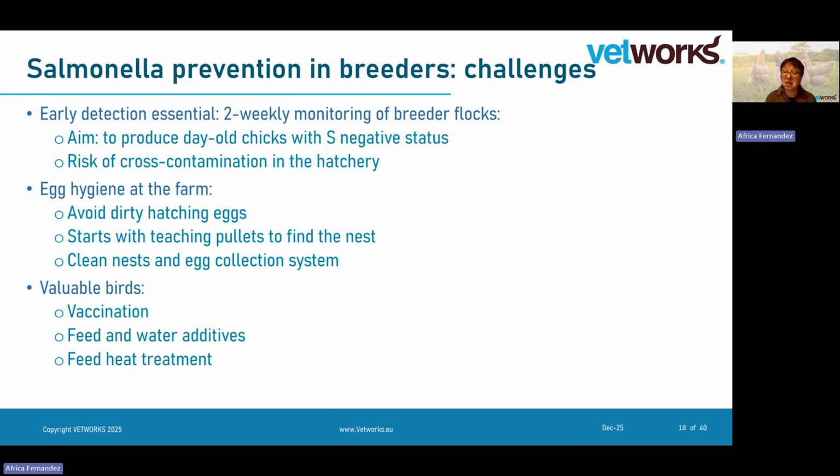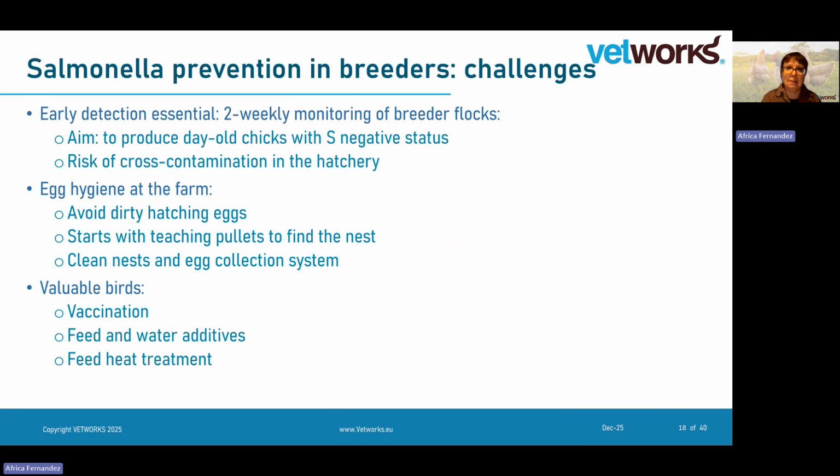Nest, egg collection system, separation of clean and dirty eggs, including dirty eggs from the nest. So making sure that we reduce floor eggs as much as possible. And in this context, we can invest a little bit more in breeders: vaccination, feed and water additives, feed heat treatment, also to consider.